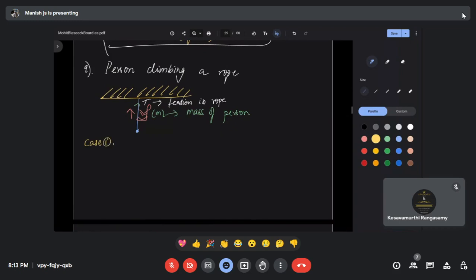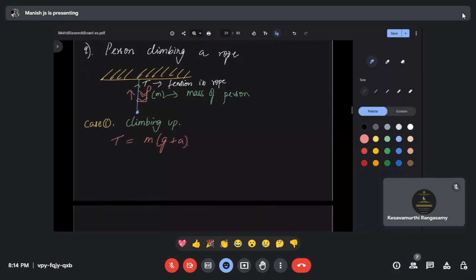So case 1, person climbs up the rope. So when the person is climbing up, what is the relation with tension? Then the tension is going to be equal to m times g plus a. Acceleration due to gravity plus a, because he's climbing up or accelerating upwards. This is case 1.